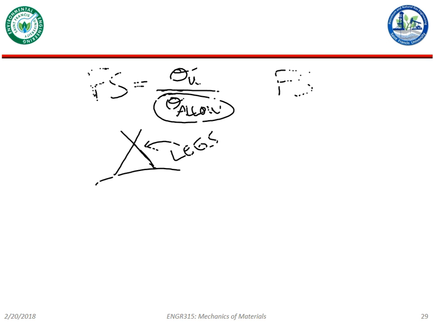Say again? If it's a 1, then you go straight up to the maximum stress allowable. Right. So if the factor of safety is 1, it means that my allowable stress is the same as the failure stress. So that's bad, right?